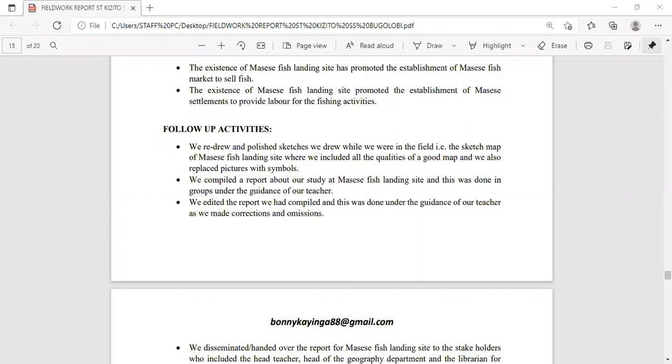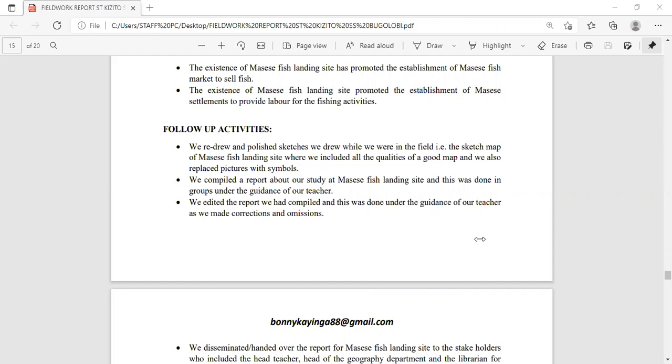Our teacher briefed us and guided the students on how to behave during the study. We departed to our respective study areas.